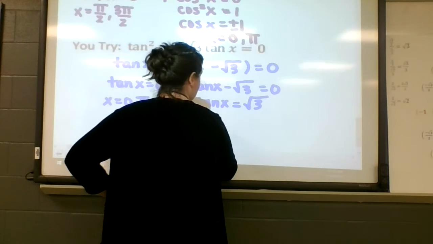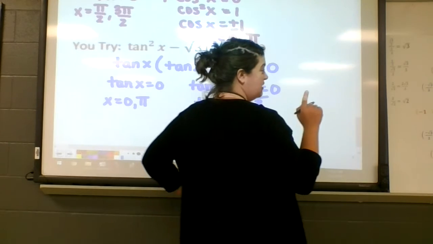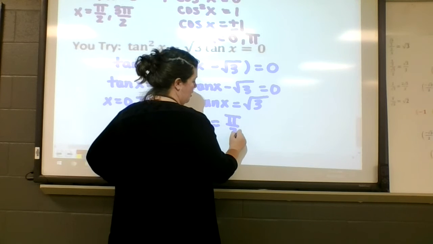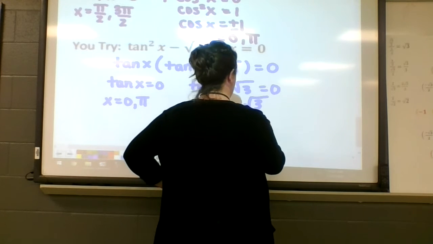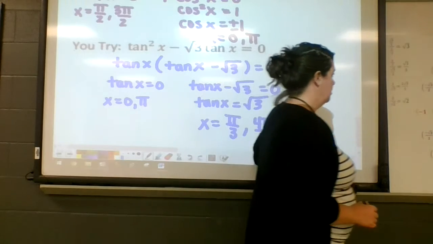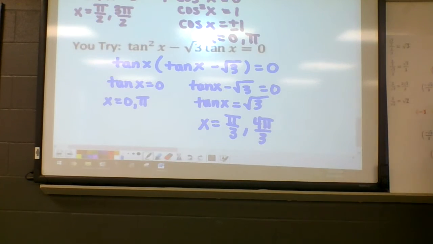Where's the sine? I heard different values there. Sine is pi over 3 and 4 pi over 3. Yes? Where's 4 pi over 3? Down here? Well, that's negative though. Sine's negative down there, isn't it? Yes. So that one's not it. 2 pi over 3.